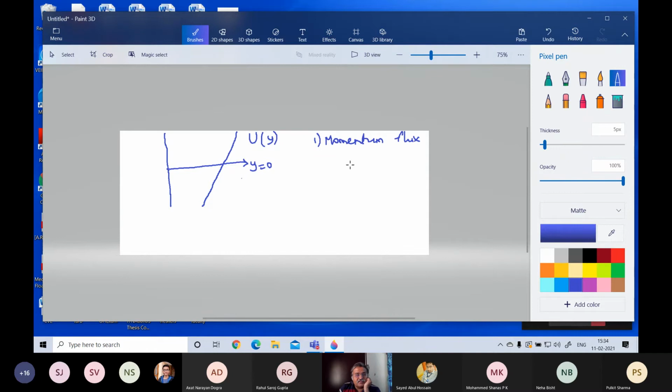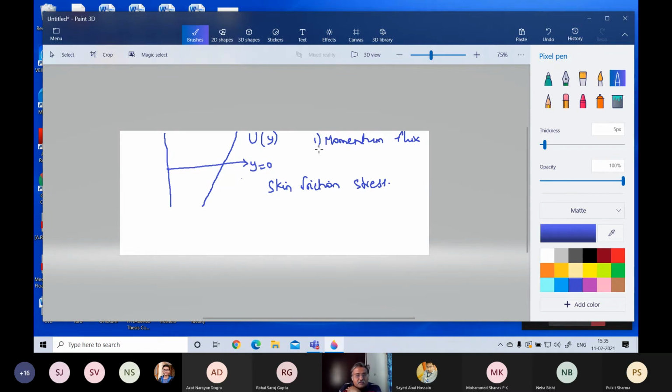Now, momentum flux, but to go into this, what you really need to know is what is really stress. We say skin friction stress. For those who have done resistance and propulsion, or the MTechs who have done the basic course on fluid mechanics, you talk about skin friction stress.